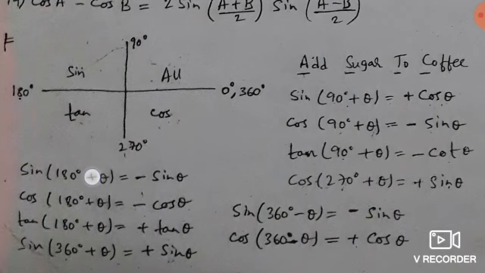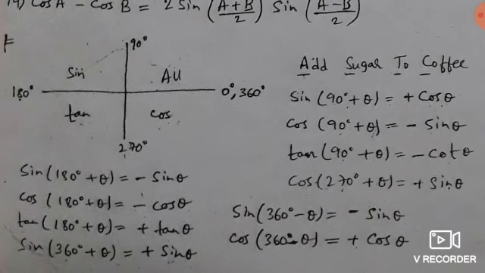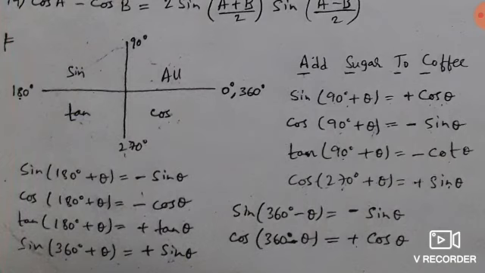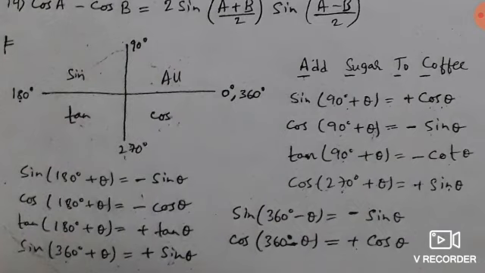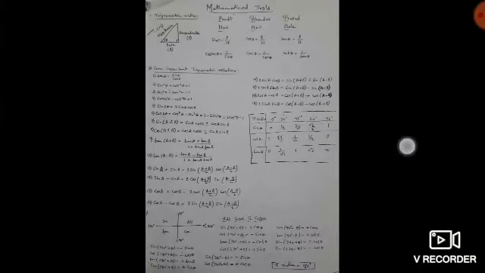So sine 180 degree plus theta will have a negative sign. And what will be the function? Sine will remain as sine only, because you have to remember that only for 90 degree and 270 degree the value will change from sine to cos, cos to sine, tan to cot.